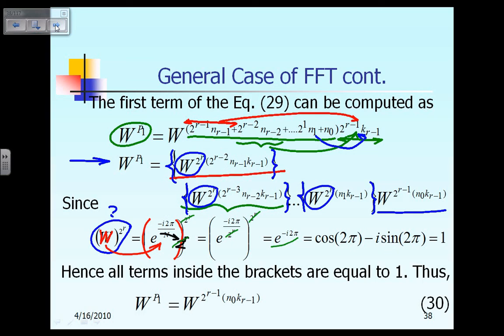And when you use the so-called Euler identity again, e raised to the power minus i 2 pi is the same thing as cos of 2 pi minus i sine of 2 pi. And again, we know sine of 2 pi is 0, cos of 2 pi is equal to 1, and it means the term that we have, w raised to the power 2 and the whole thing raised to the power r, turned out to be equal to 1.